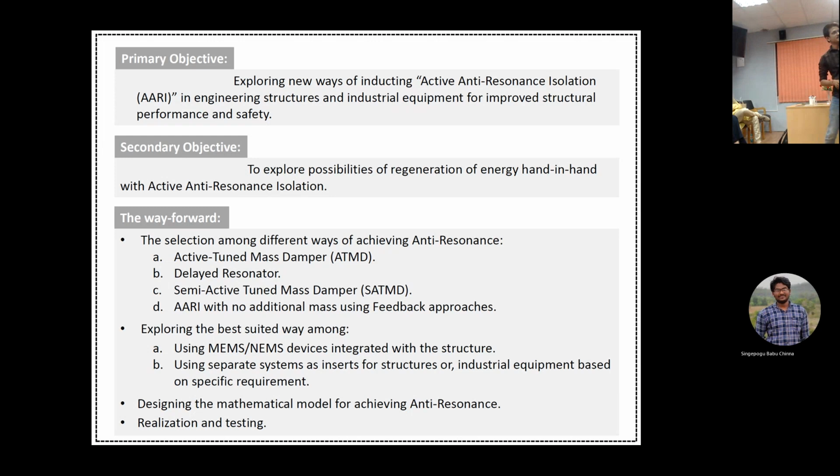These are the four ways we can do it: active tuned mass damping, delayed resonator, semi-active tuned mass damper, and, without using any additional mass, feedback approaches. I have spent some time on A, B, C. D I'm yet to explore. I'll go to the next slide, and next to that I'll explain these two.